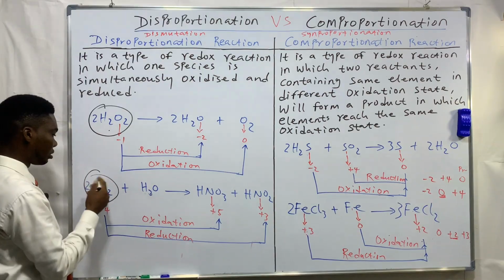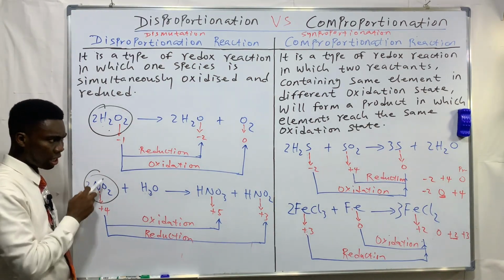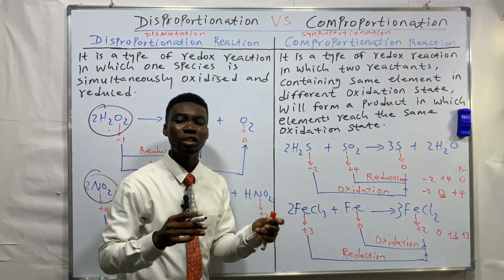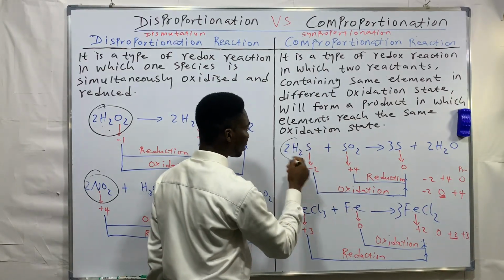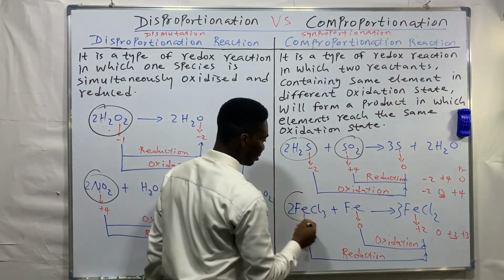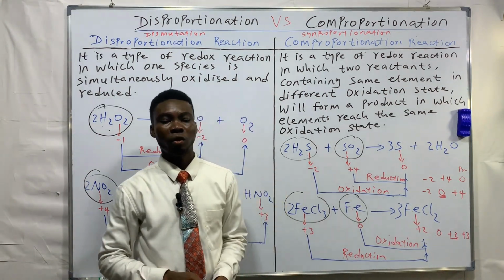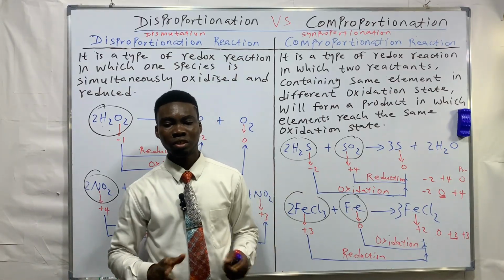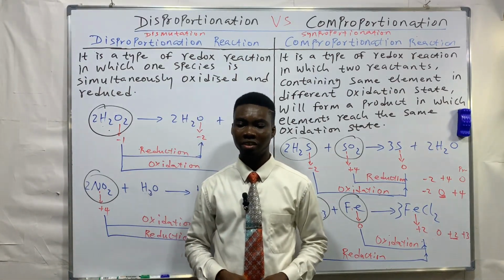It's not involved. So it involves only a single species. But when we come to coproportionation reaction, it involves two different species with different oxidation states. For example, this and this. So these are the differences you need to know regarding disproportionation and coproportionation reaction.